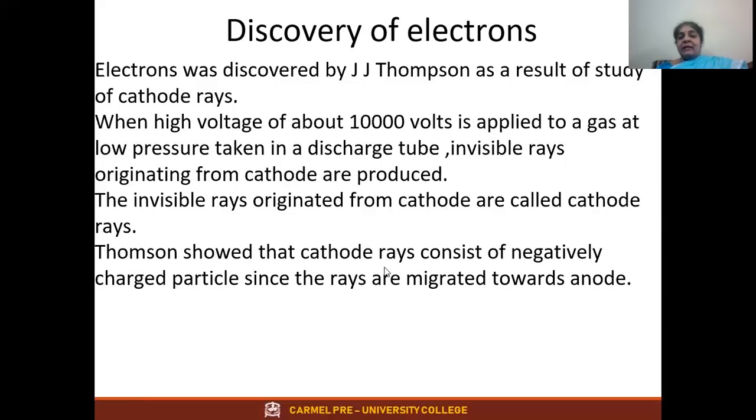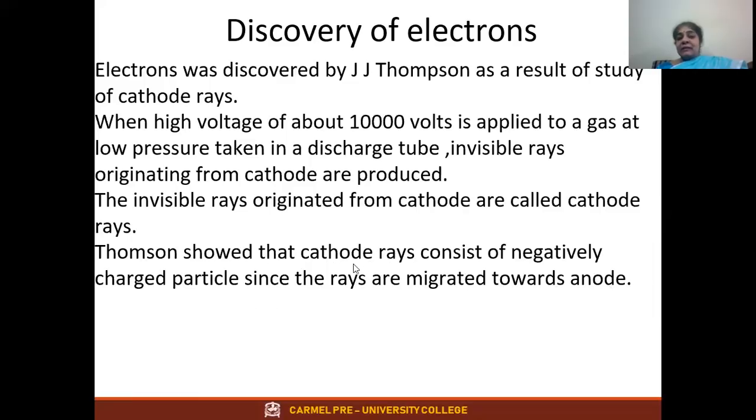Thomson showed that cathode rays consist of negatively charged particles since the rays migrate towards the anode. This is called the discharge tube experiment. Thomson found invisible rays originating from the cathode and moving towards the anode.